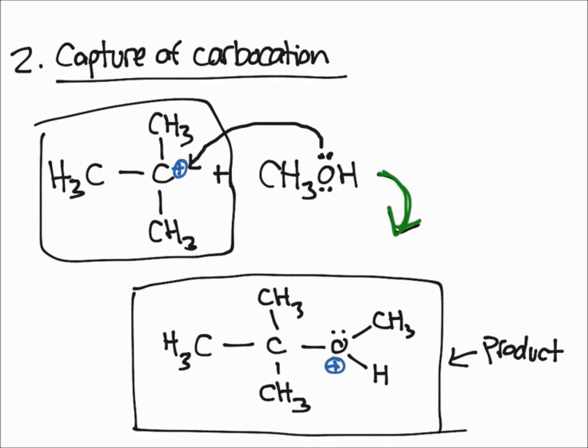And so essentially now you have this product and you have a positive charge on that oxygen, and you want to remove that. So in the next step, you essentially just take this molecule of CH3OH and use it to remove that proton. And so let's do it out.